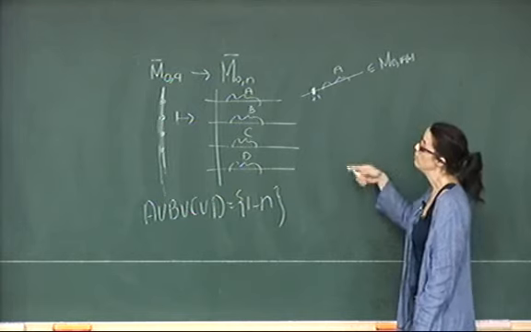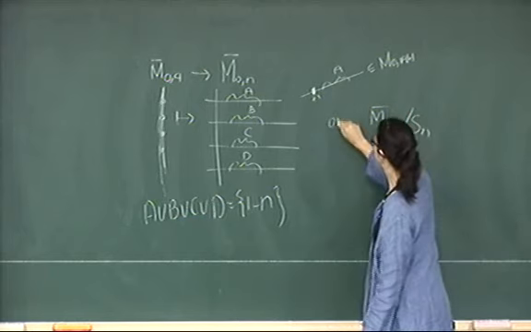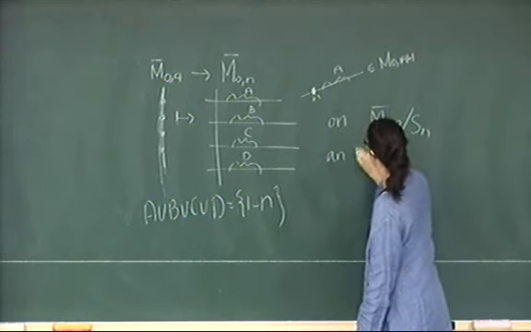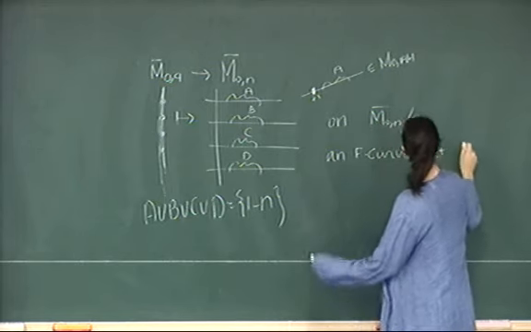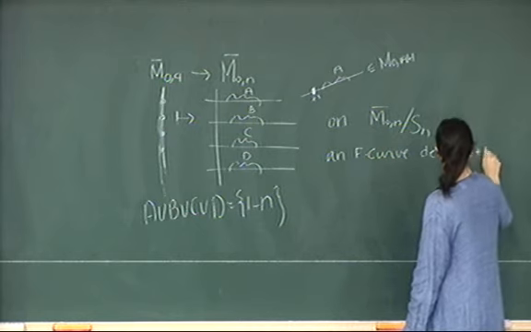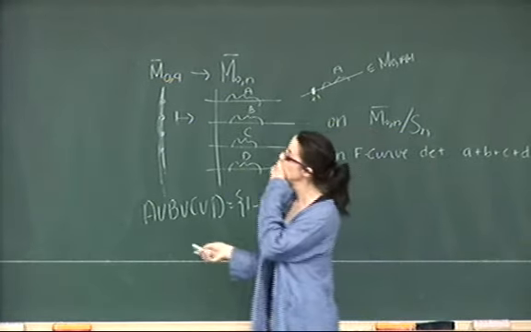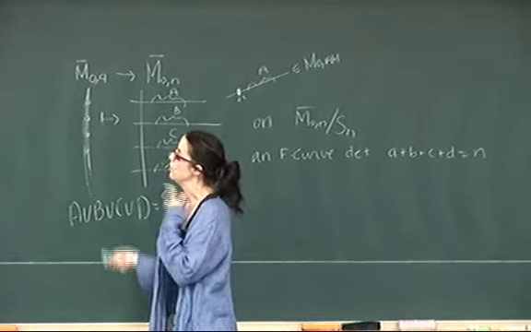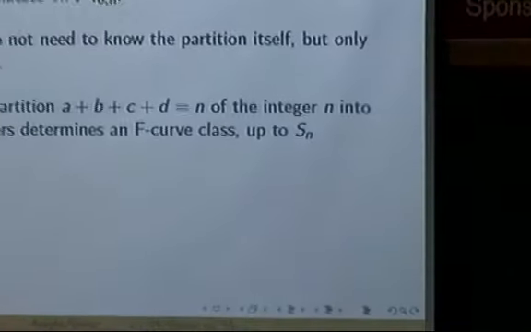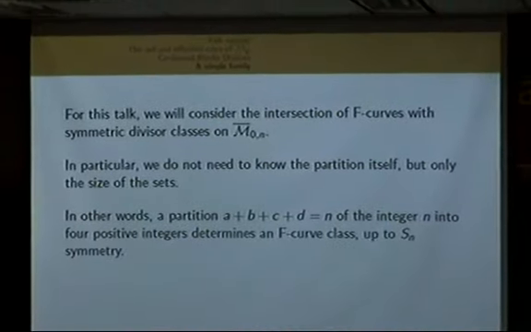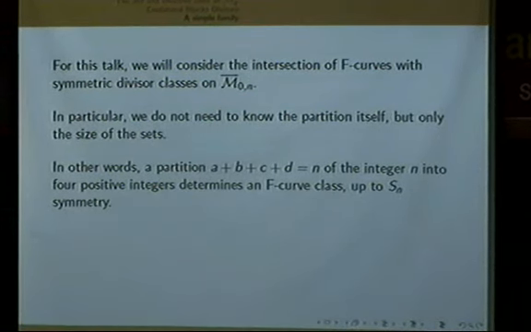And if I work mod Sn, so on this, an F curve is just given by a partition of the set, is determined by the size of that partition, A plus B plus C plus D equals N. And I've said this, a partition of the integer n into 4 positive integers determines an F curve up to symmetry.